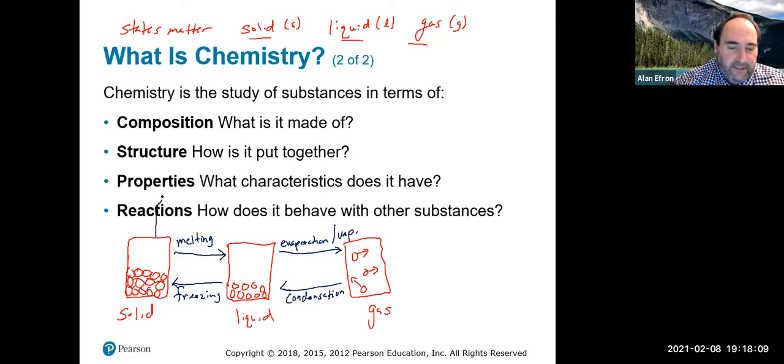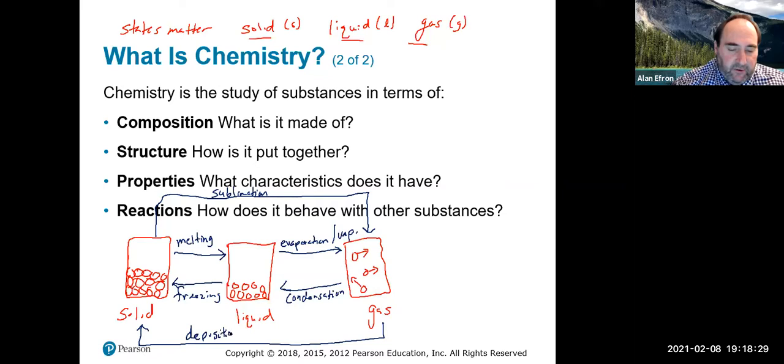Going from solid, skipping the liquid phase to gas, that is sometimes referred to as sublimation. And going from gas, skipping the liquid phase, that is what is known as deposition.